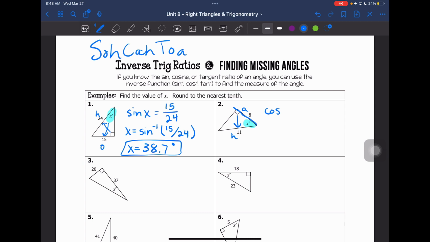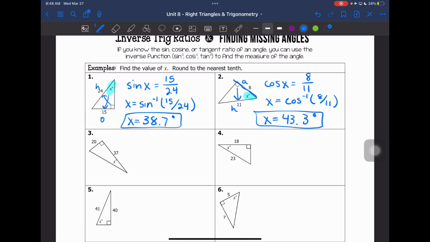So let's say cosine of x is equal to 8 over 11. And then to find x, all I have to do is take the inverse cosine of 8 over 11. So you just type that into your calculator, and whatever comes out is your answer. Just round it to one spot after the decimal. So that's 43.3 degrees.